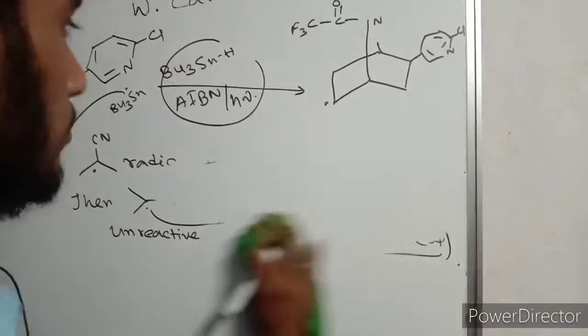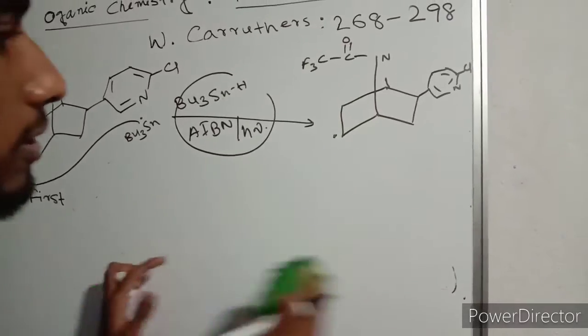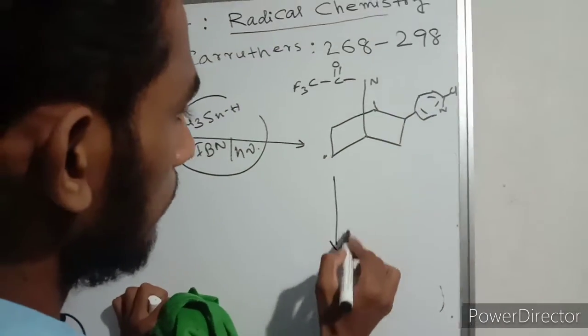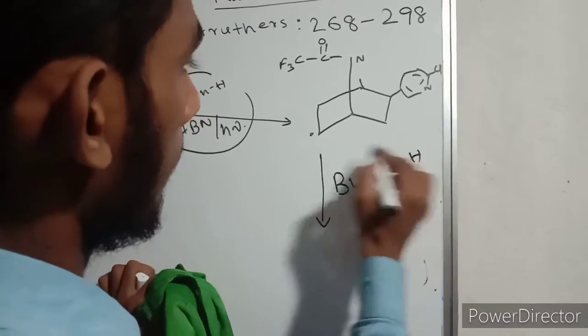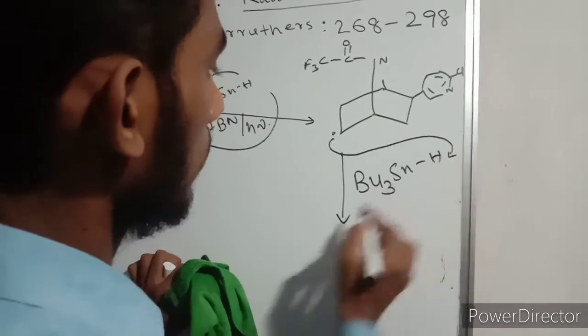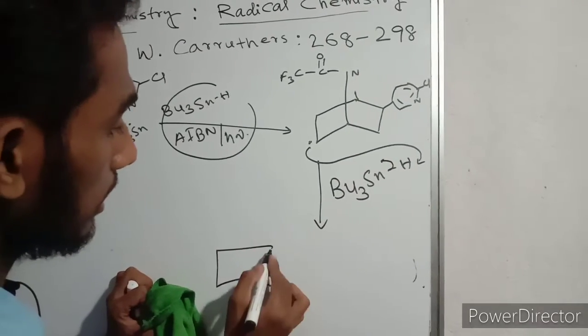Then tributyl tin hydride is present and this radical will abstract the hydrogen from tributyl tin hydride. Ultimately we get this.